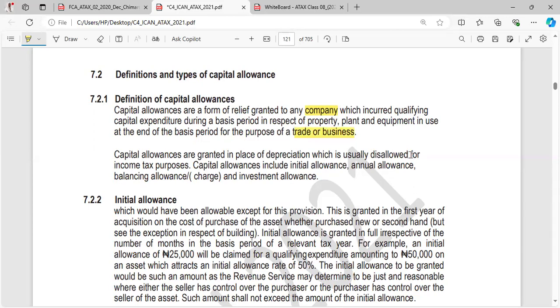It means companies, sole proprietorships and partnerships can use capital allowance, and it is for the purpose of business. So if you are using it for private use, you cannot claim capital allowance. If you have a vehicle that is for private use, you cannot claim capital allowance. But if it is for official use, you can claim capital allowance.